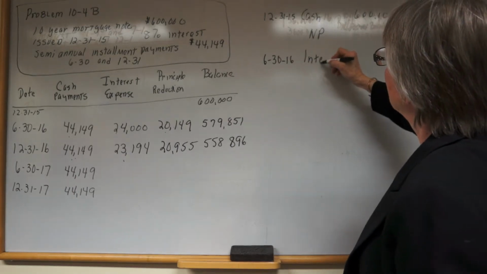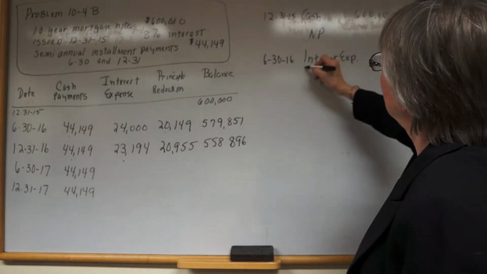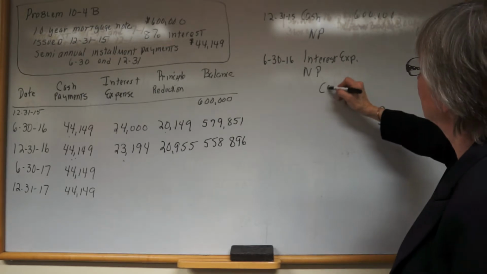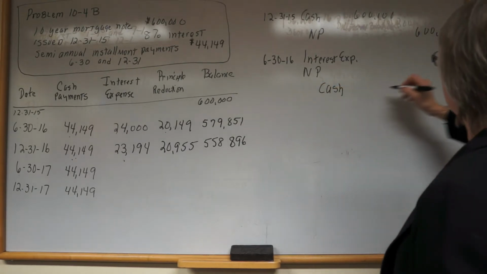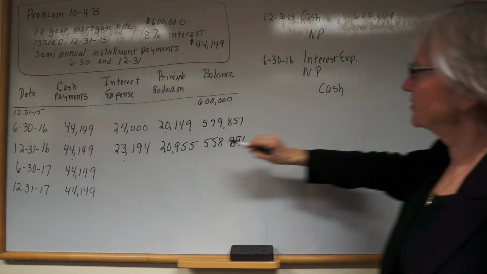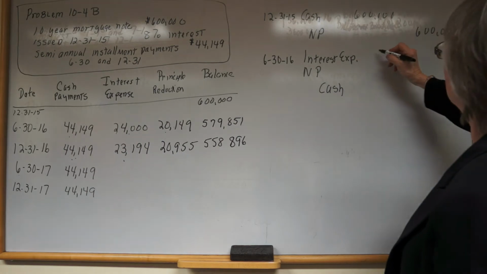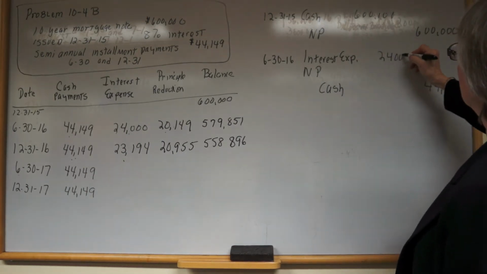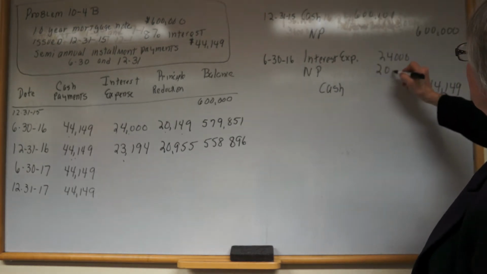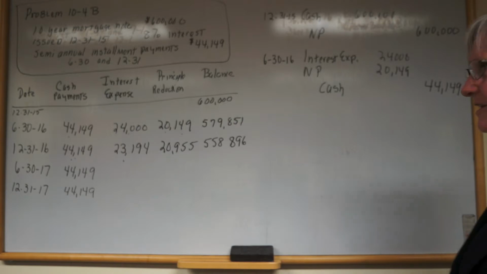So we're going to have interest expense as part of that. The note payable, or mortgage payable, will be reduced by part of it. And we're going to pay out cash of $44,149. Now this is where we get the information. Here's our interest expense for the first payment of $24,000 and our principal reduction of $20,149.